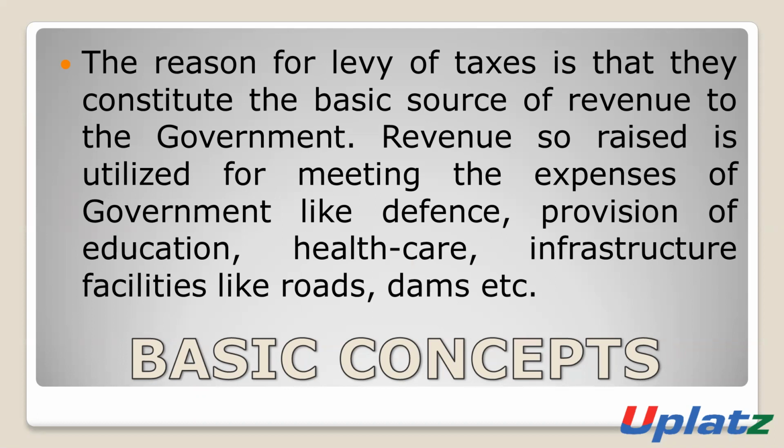The government will use such amount of tax for the purpose of education, healthcare, infrastructure, and electricity services. So the government charges such amount of taxes for the purpose of government expenses, or for the purpose of public expenses.